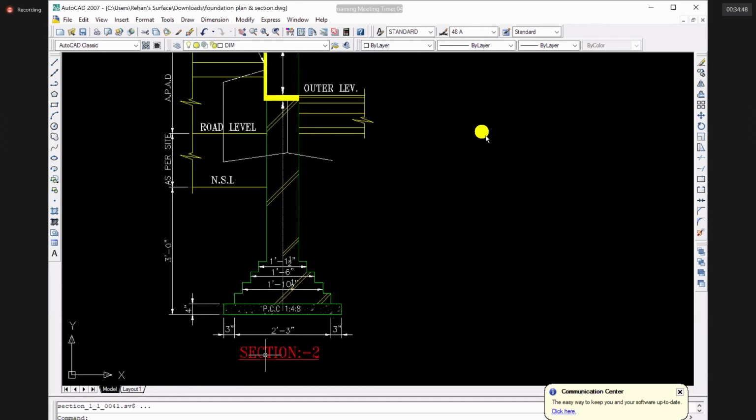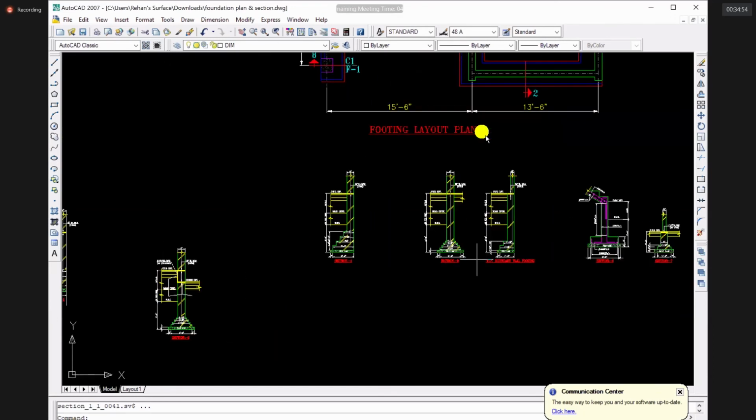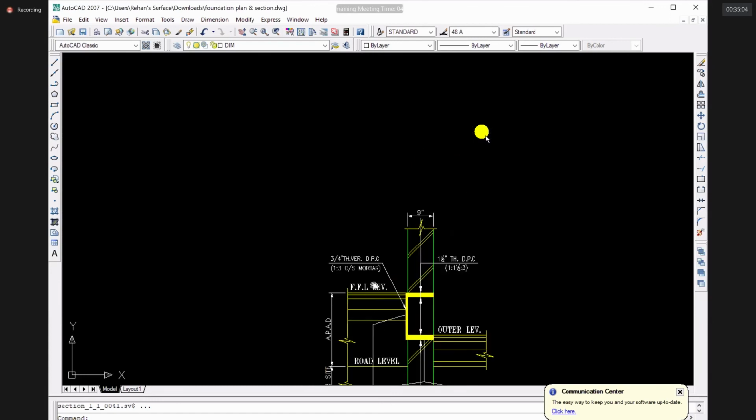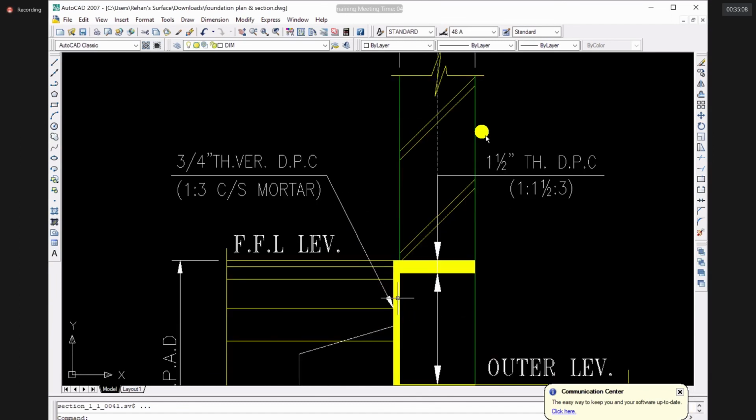So we have discussed three sections. Yes, let me tell you what is going to be the detail of the vertical DPC. We have already discussed the detail of horizontal DPC. For the vertical DPC, you can provide 3 or 4 inches thick DPC of rich cement sand mortar, 1:3.